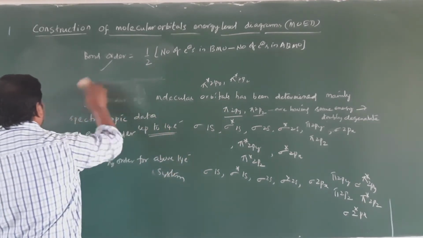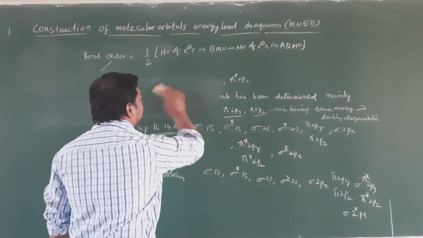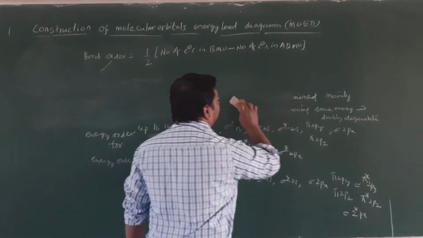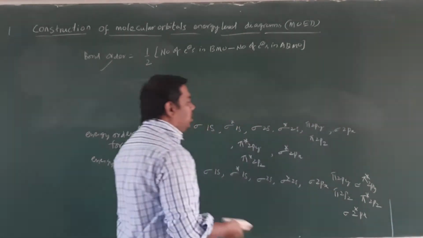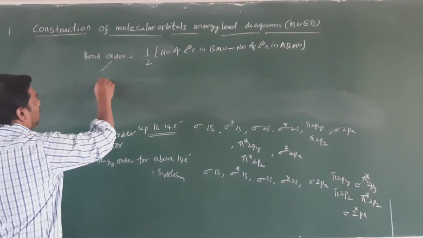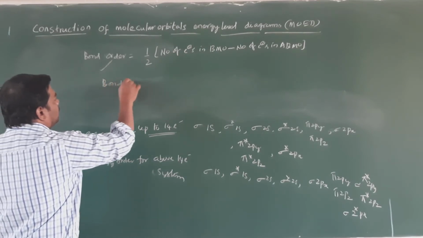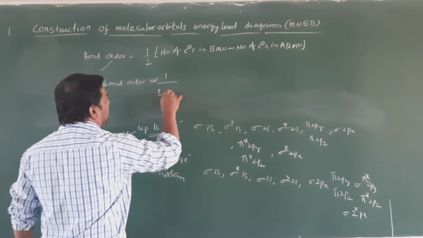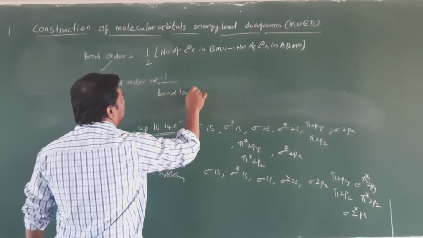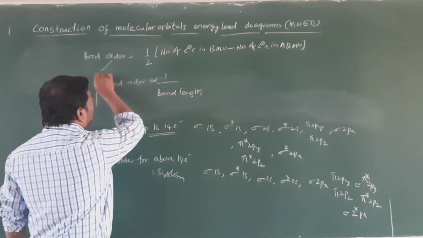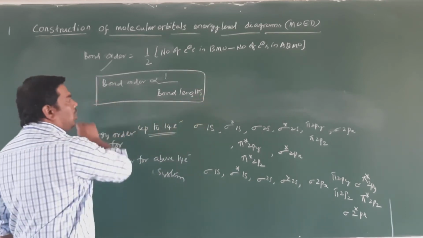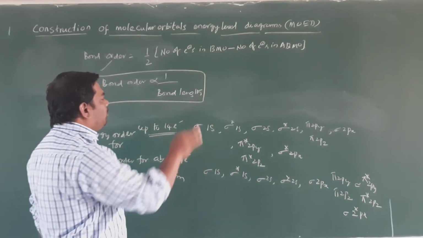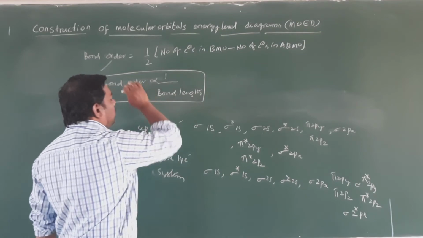Also, bond order is inversely proportional to bond length. So if the bond order is more, the bond length is short, and if the bond length is more, the bond order is less.